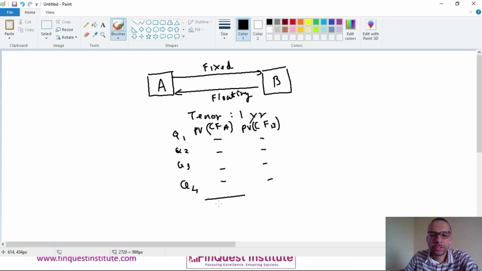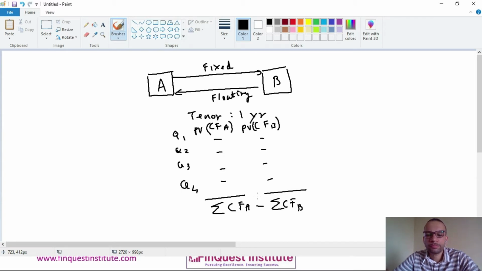And once you have this, you sum up cash flows of A, you sum up cash flows of B, and you take a difference. Now this will give you the MTM for the swap. Now this is the structure of a plain vanilla interest rate swap.